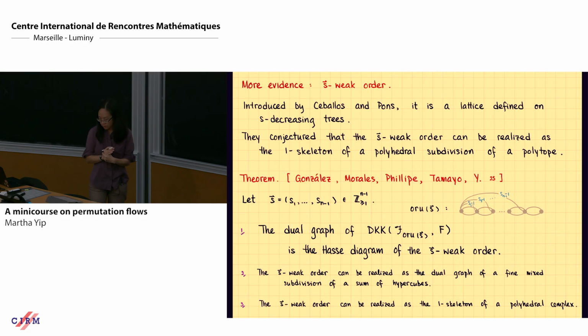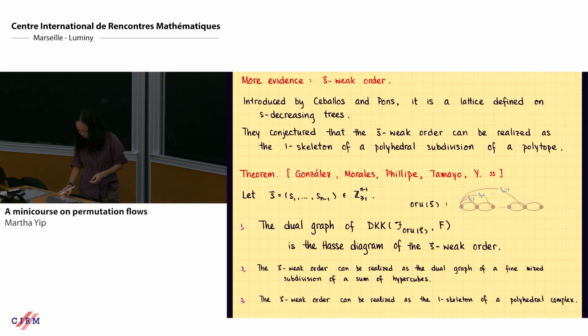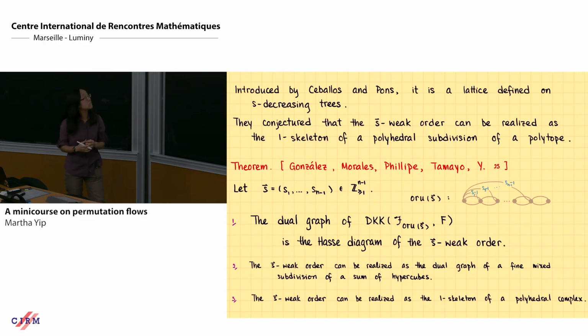In joint work with González, Morales, Philippe, and Tamayo, we gave three different ways to realize this. The first one is related to this talk. If I look at, again, Spanish words with R that I can't pronounce correctly, the oruga graph. How do I construct the oruga graph? I first start with just the oruga, caterpillar, and bumps.